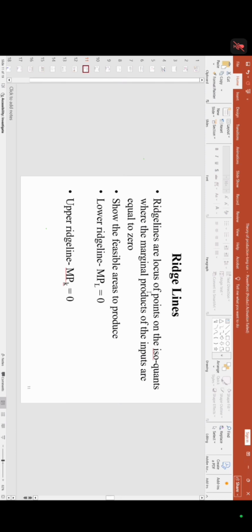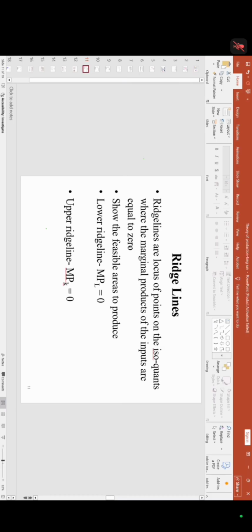Ridge lines are the locus of points on the isoquant where the marginal product of an input is equal to 0.